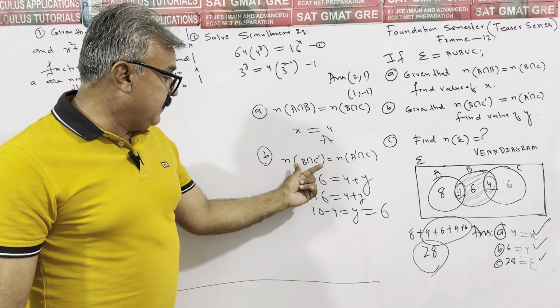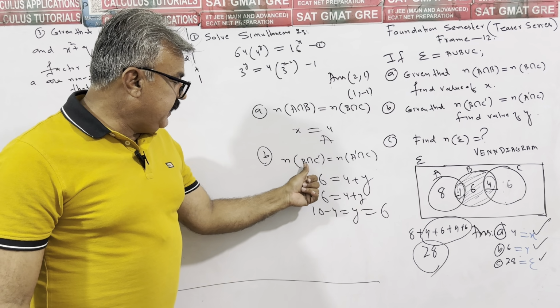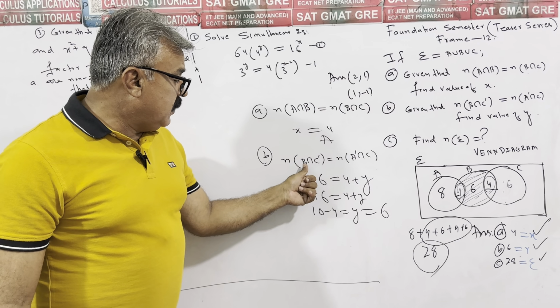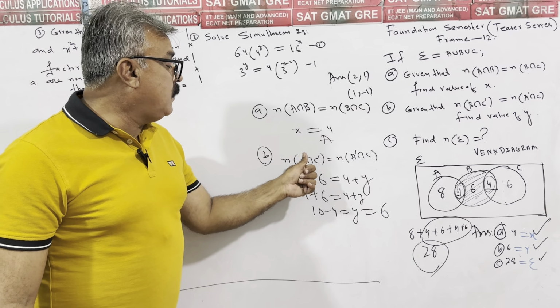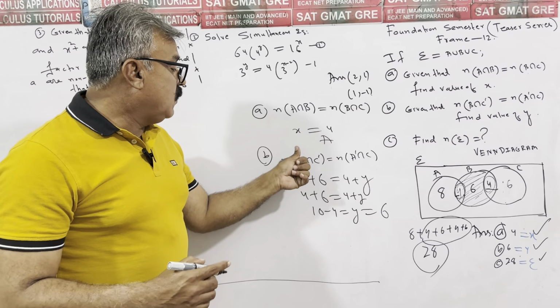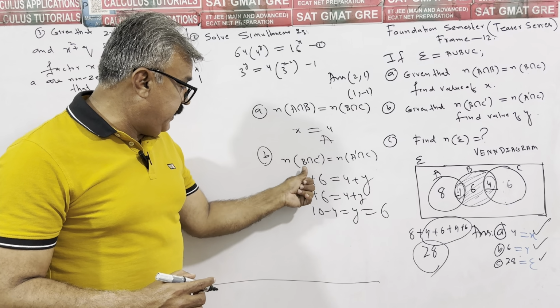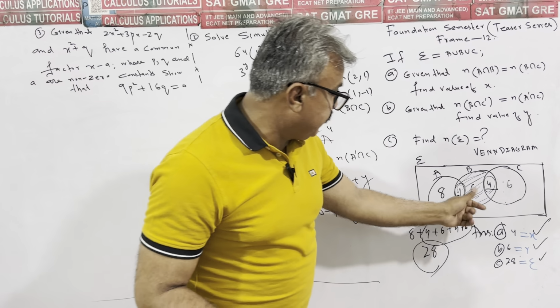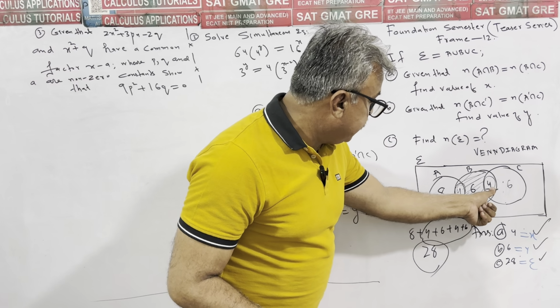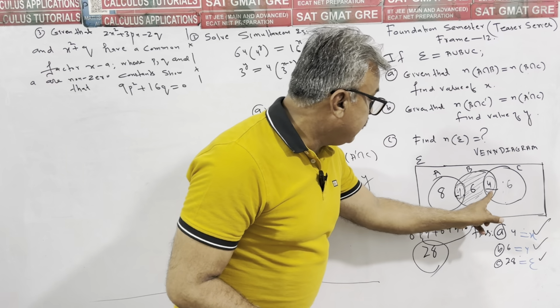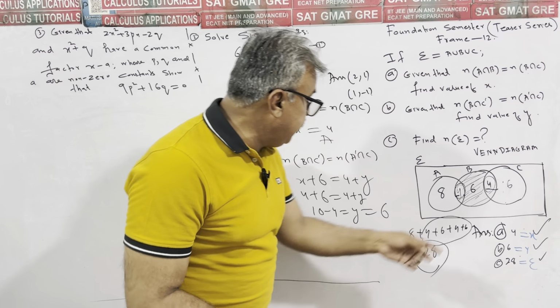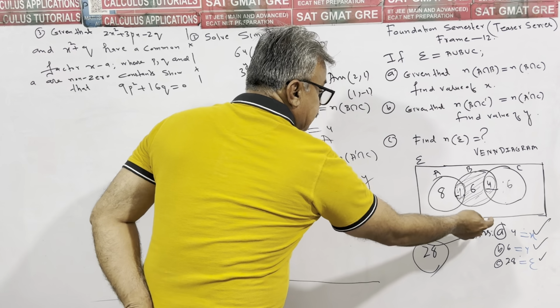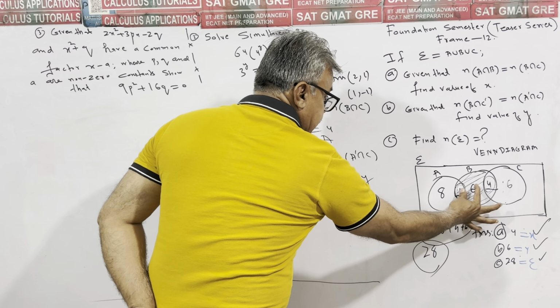What to do, what not to do. For B intersection C complement, we have to restore B excluding C. Look at this: that is B, and something is overlapping, so we have to expel this portion. We restore B, but not the part intersecting C. That is the portion, X plus 6.